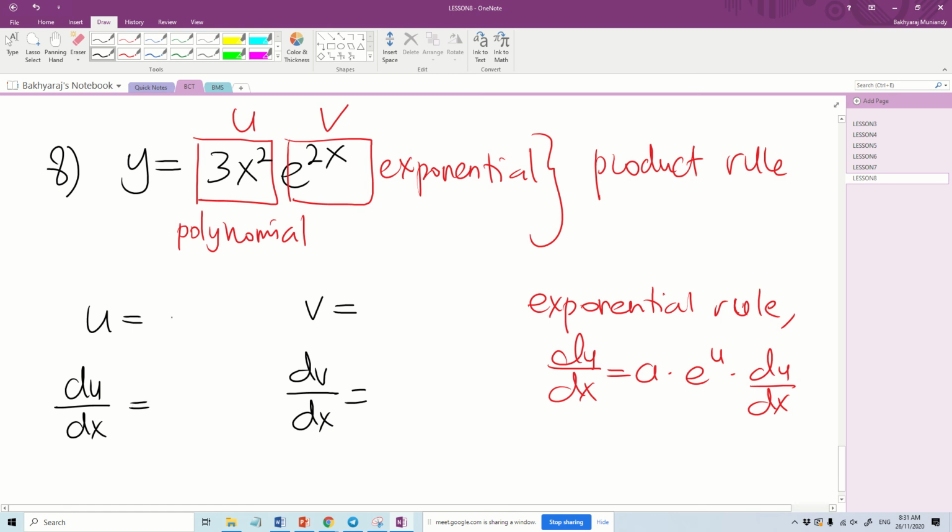Okay, so what is your u? u is actually 3x squared, and v is actually exponent 2x. So when you differentiate your u, then you get what?